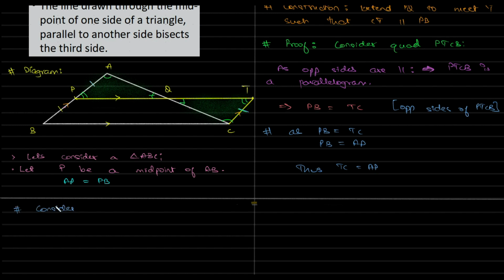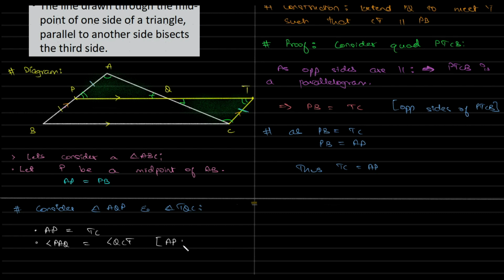Consider triangle AQP and triangle TQC. AP is equal to TC. Then we have, okay, we have proved this. So we have to talk about angle PAQ being equal to angle QCT, right?